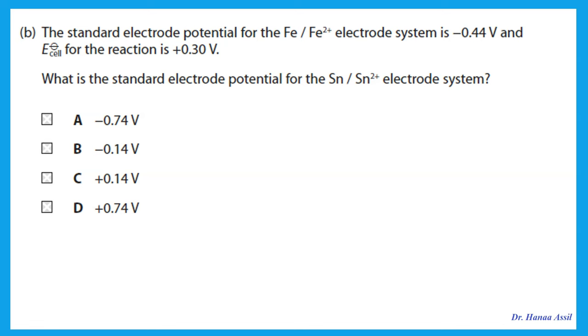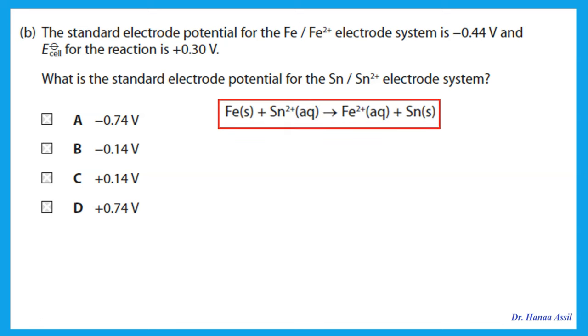The standard electrode potential for iron 2+ is -0.44. For the whole cell, it is +0.3. What is the standard electrode potential for the tin 2+? So we have this equation, and we are told the reduction potential for iron.